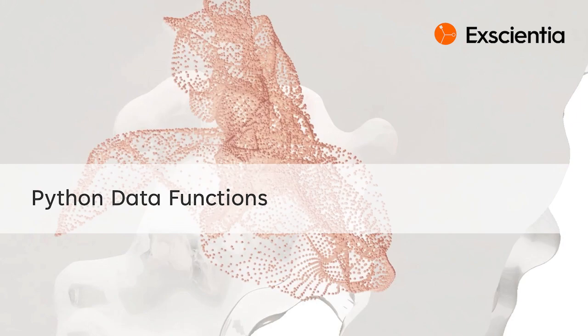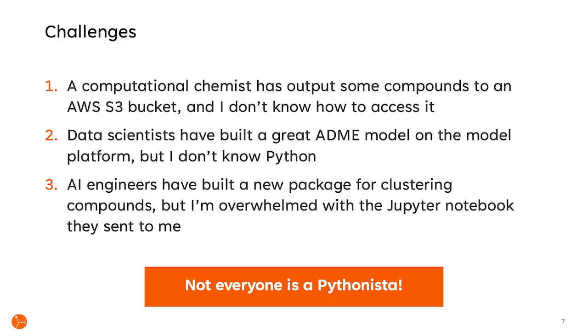So we're going to start with Python data functions, and we saw a bit of that yesterday. So what are the challenges that we have? At Exscientia we have a lot of tech people, a lot of very bright computer scientists and engineers, and we use the cloud a lot.